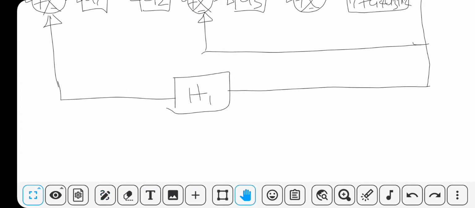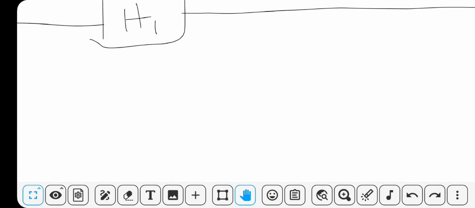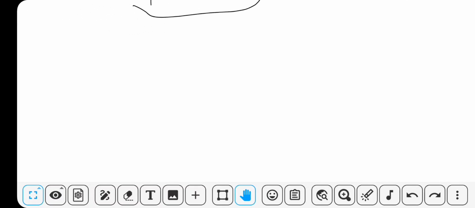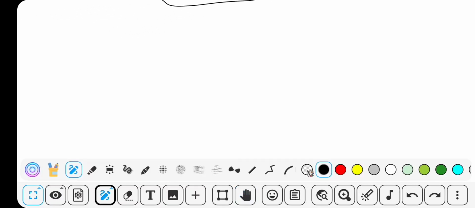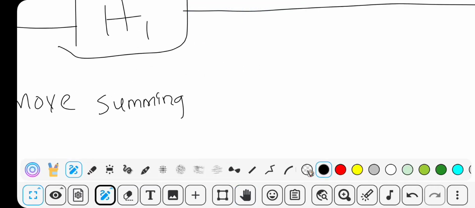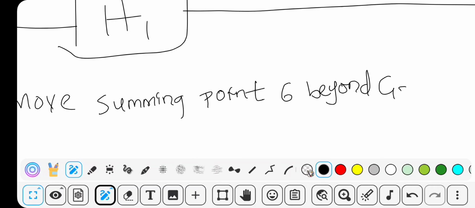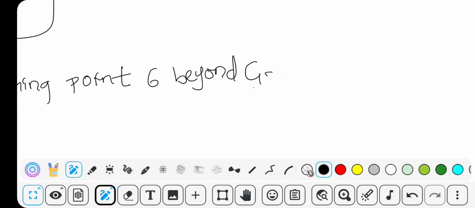So moving forward and simplifying further, we're going to move summing point 6 beyond G3. That is rule 8.